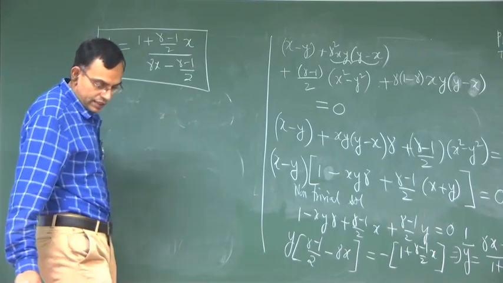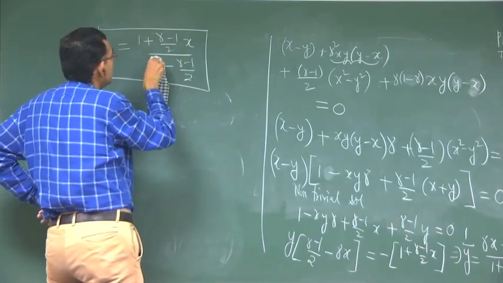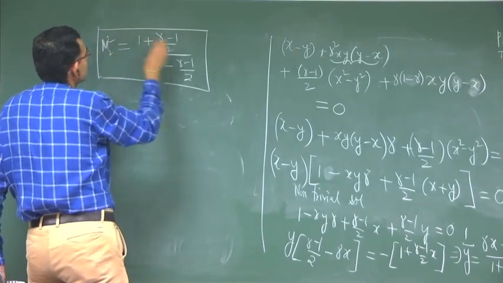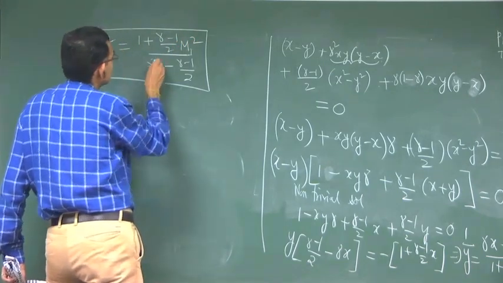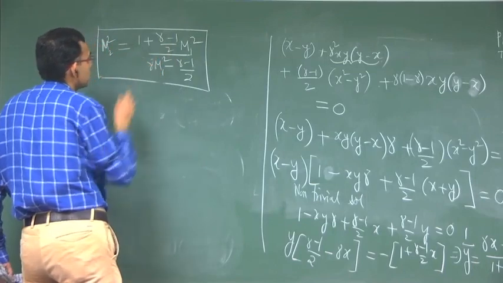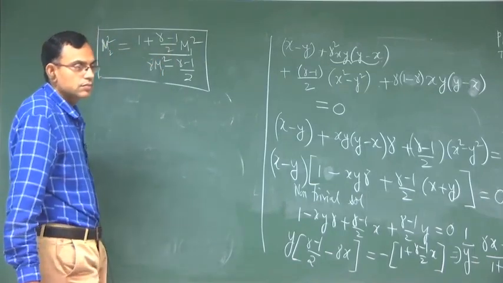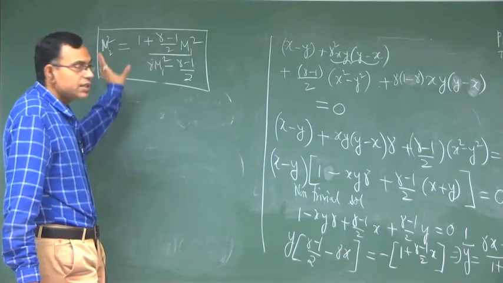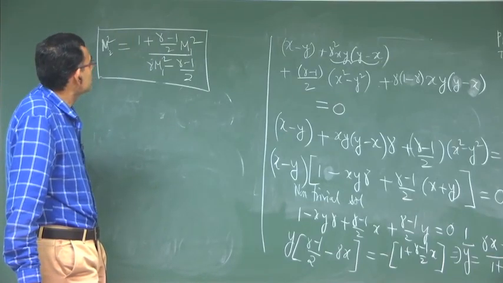If this is correct, then this is m2 square and this is m1 square. So, this is a general relationship between M1 and M2, okay.